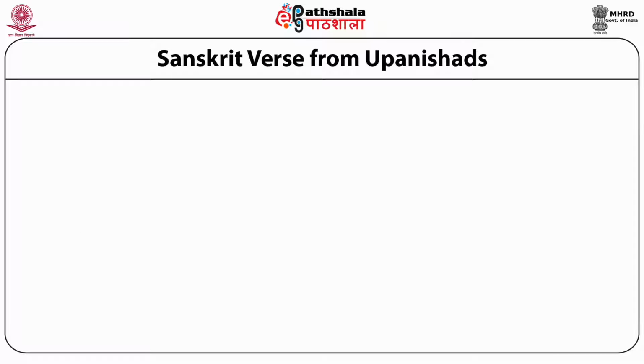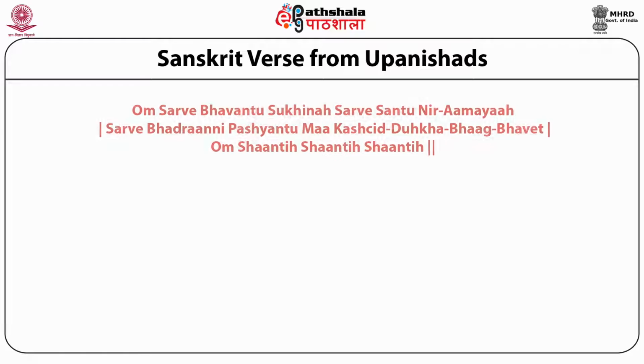Though there are references to human rights at a number of places, there is one specific instance which I wish to highlight. In the Upanishads, there is an ancient Sanskrit verse which says, Om Sarve Bhavantu Sukhinah, Sarve Santu Niramayah, Sarve Bhadrani Pashyantu, Ma Kaschit Dukh Bhag Bhavet.